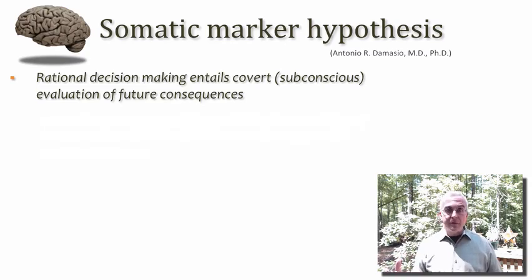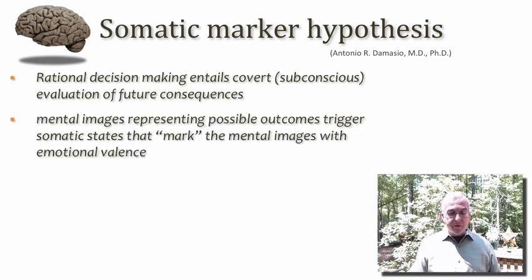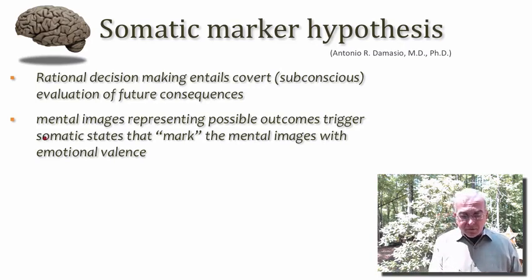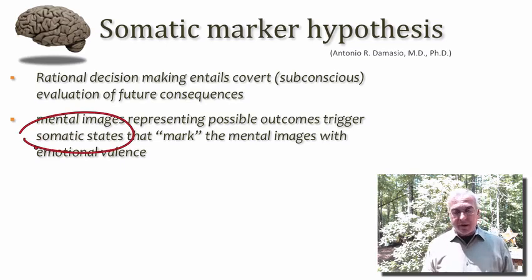Now, these covert evaluations take the form of what Damasio calls mental images. And these mental images represent the possible outcomes of our decisions that might trigger states of body and brain. And Damasio calls these somatic states.